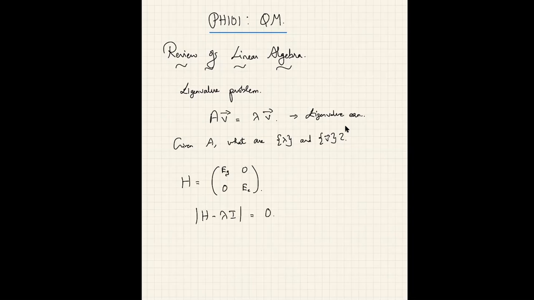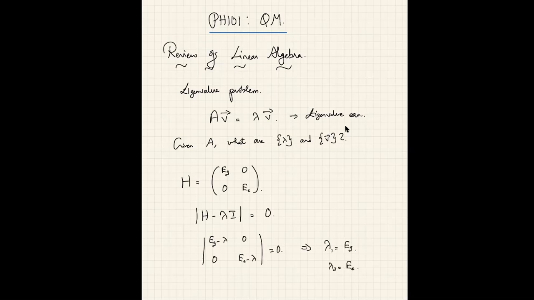So for this particular matrix, this takes the form determinant of Eg minus lambda, 0, 0, Ee minus lambda equals 0. And this, of course, gives you 2 values. Lambda 1 is Eg and lambda 2 is Ee.